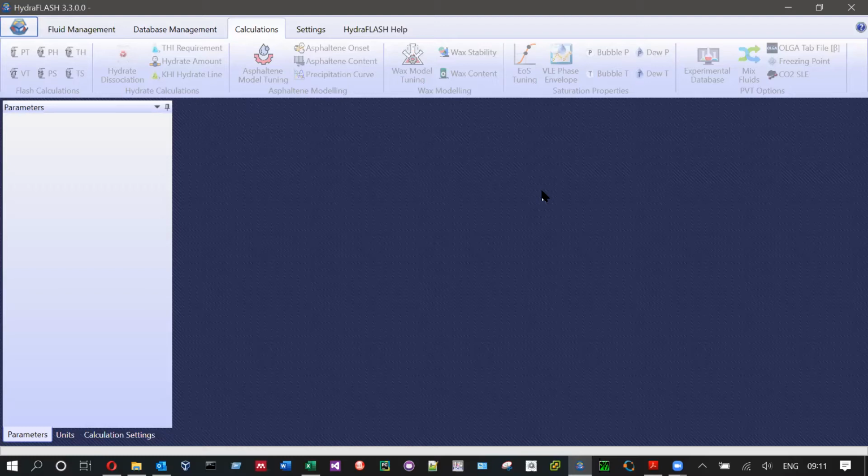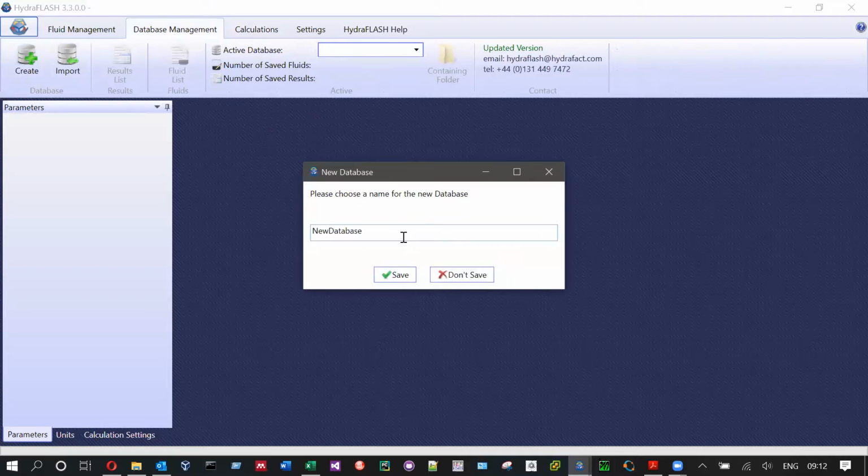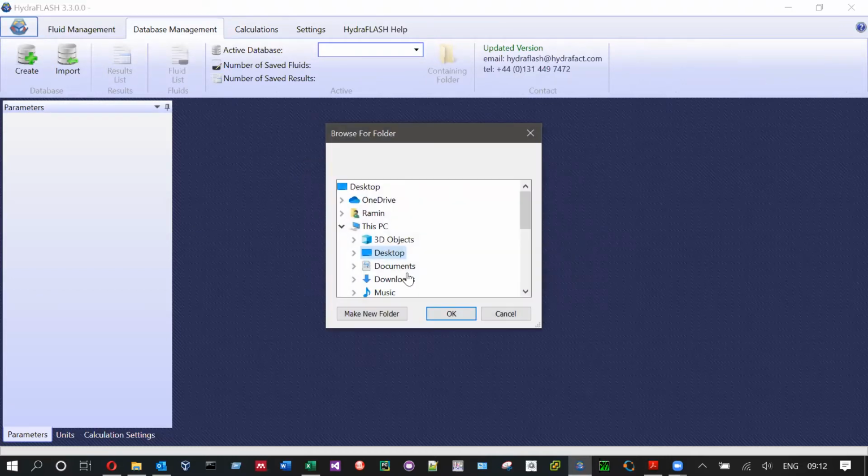So the first thing to start using Hydroflash is to create a database. As you can see, all these buttons are now disabled because I haven't created a database. To create a database, we go to the Database Management tab and press Create Database. I call this February course, then press Save.